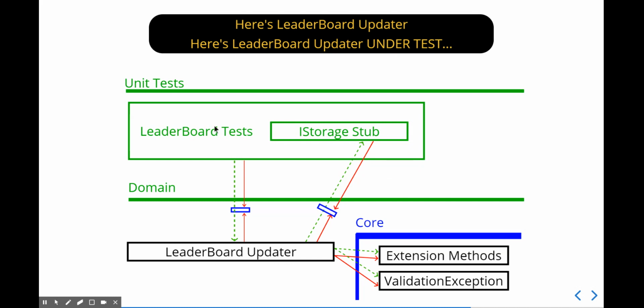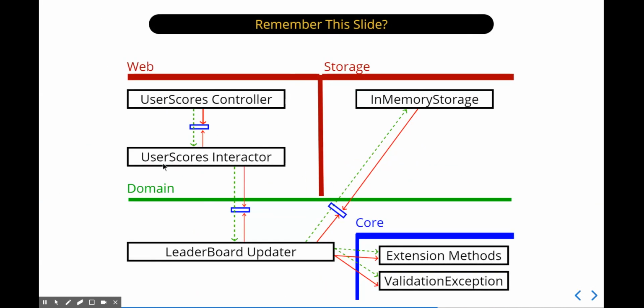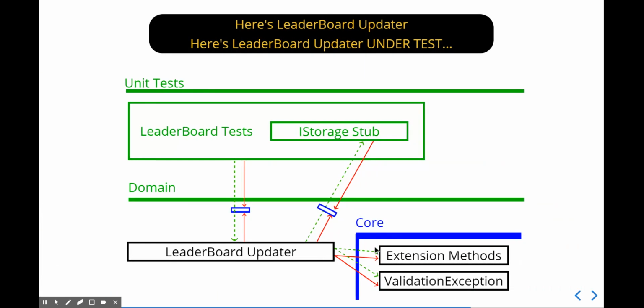Basically you can see that I'm swapping out all of the web layer from calling the leaderboard updater, and I've got leaderboard tests calling the leaderboard updater and injecting that stub so it can assert that the IStorage stub was called when something should be stored, or was not called when it should not be stored. It can also test that it throws the correct validation exception for certain scenarios. So that's generally how I would test drive the leaderboard updater in this example.